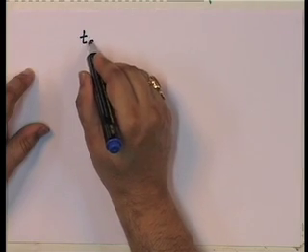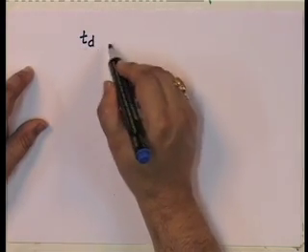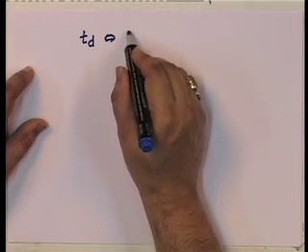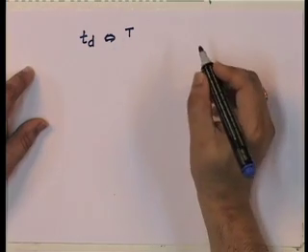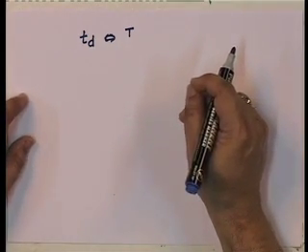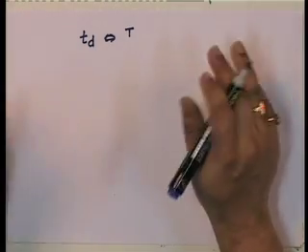What do we mean by short duration loads? If I call T d the duration of the pulse, this is of the same order of magnitude as the time period of the structure. By same order of magnitude, I essentially mean that they are similar to each other.